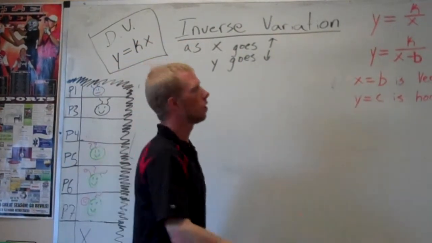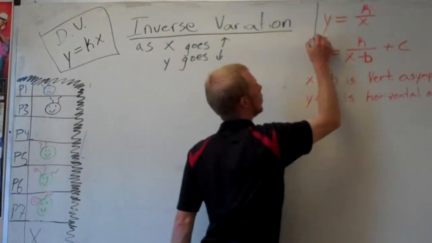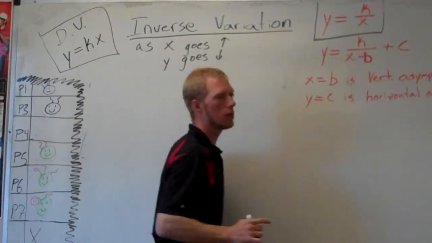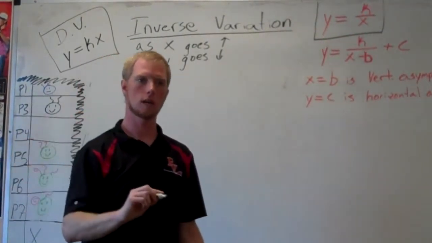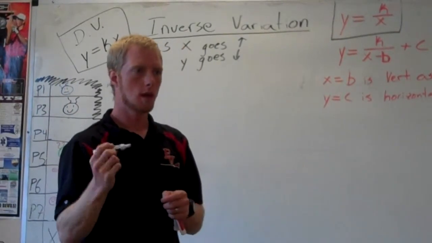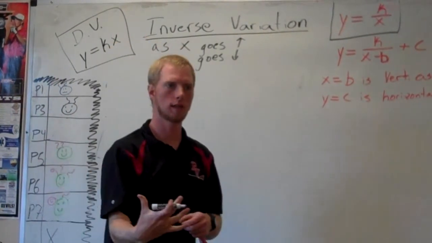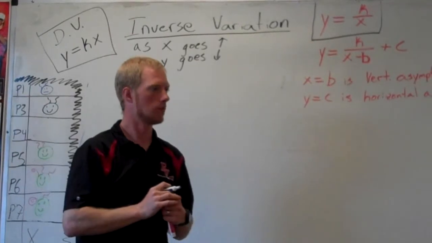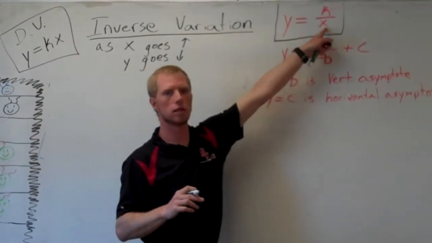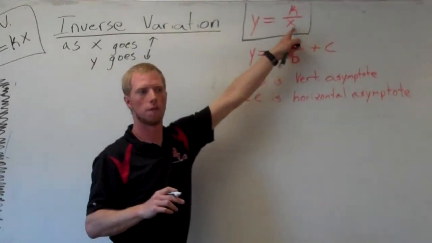Inverse variation will always be in the form y equals k divided by x. K is what we call the constant of variation. X is always in the denominator.